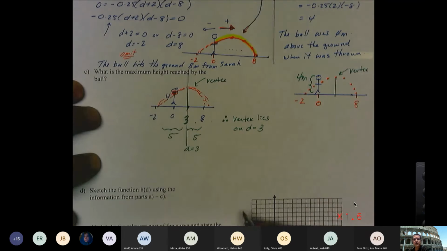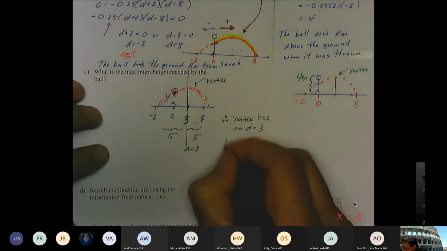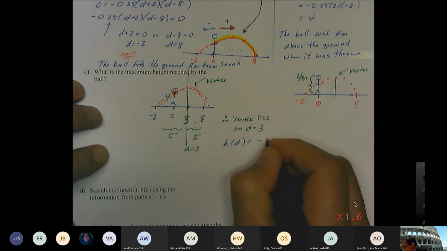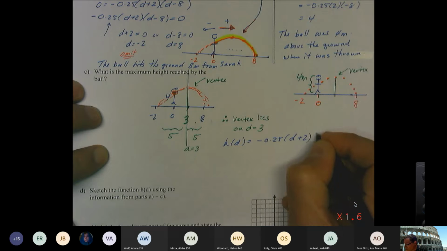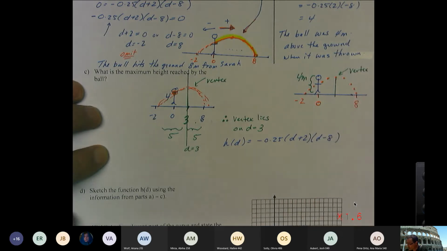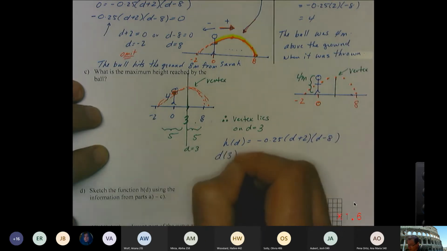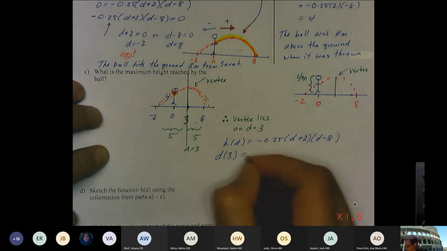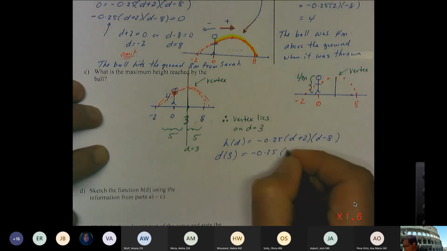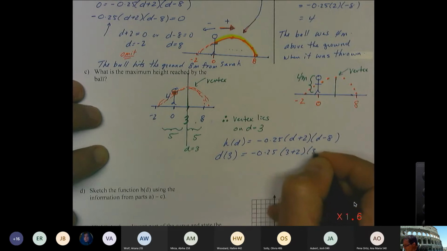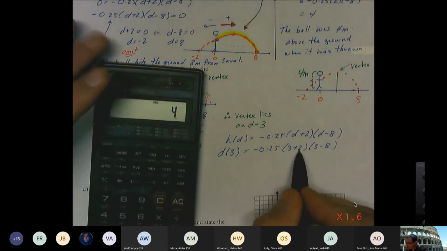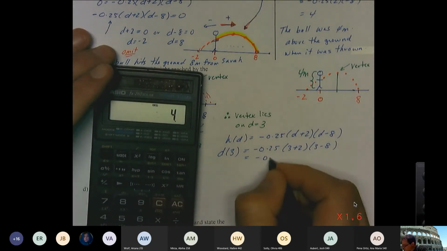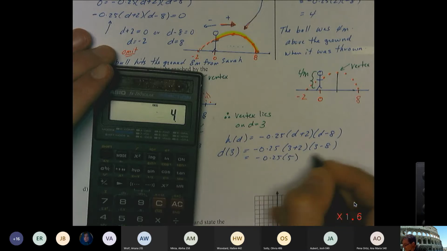So if we want to know the height when d equals 3, we're going to take the formula that they gave us for all d, and we're going to plug in 3 for d. Which is going to give us, so 3 plus 2 is 5, and 3 minus 8 is negative 5.